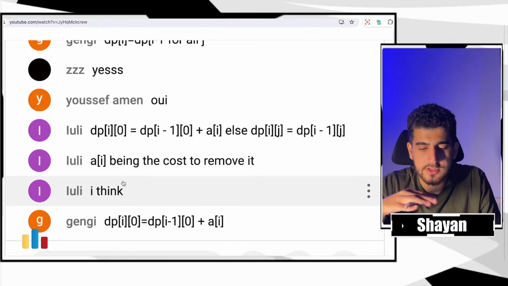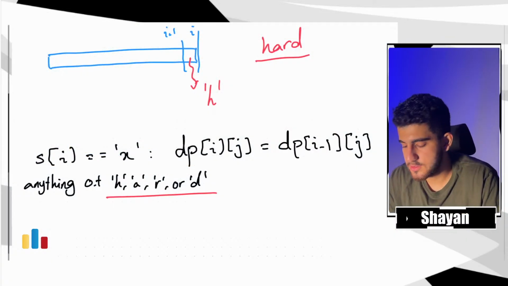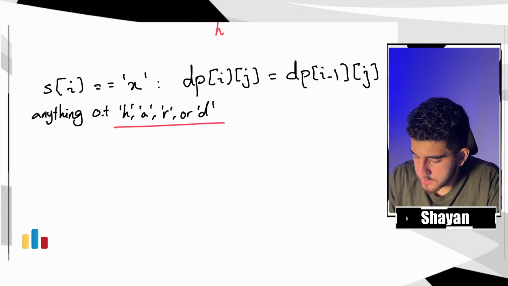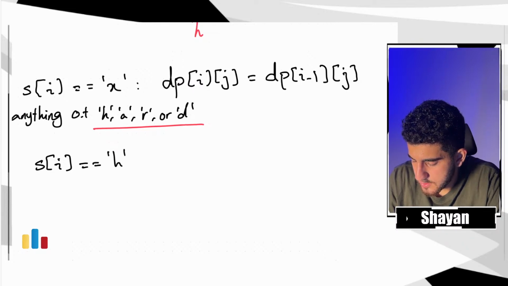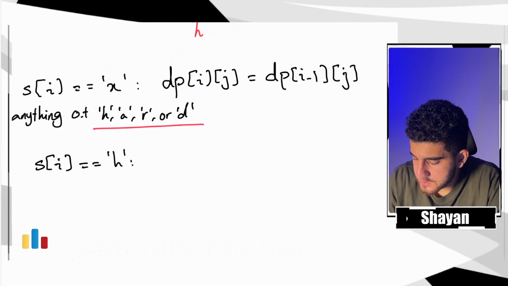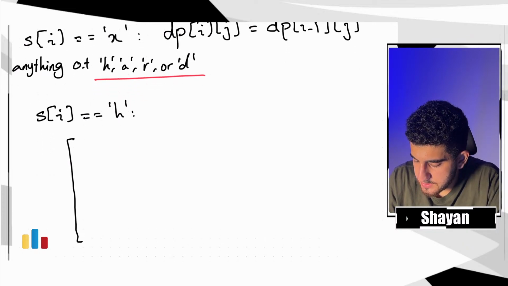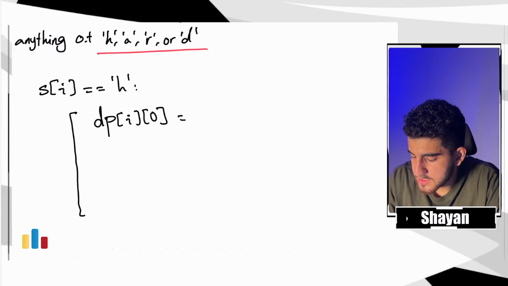That is very good. Yes, let me write this. So we are considering the case where S sub I is equal to H. In this case, DP of I and 0 will be equal to DP of I minus 1 and 0.